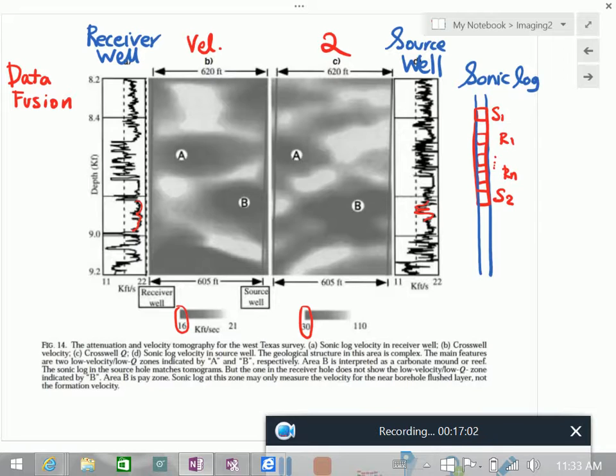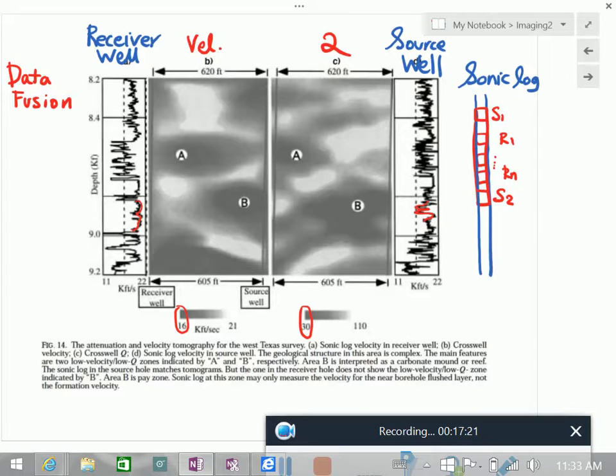If you have only velocity information, you would not be able to tell one from the other, right? But if you also have attenuation, then you can say, oh, this is this one. That's the purpose of site characterization. You want to know what types of material you have underneath without digging.